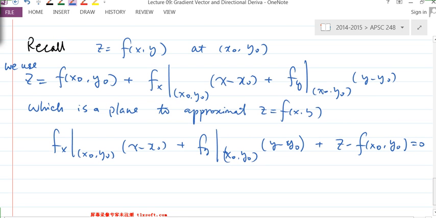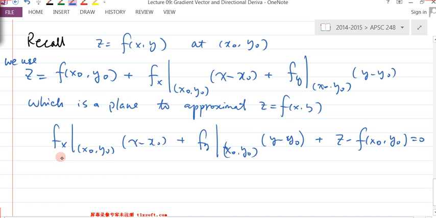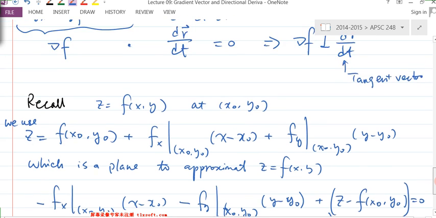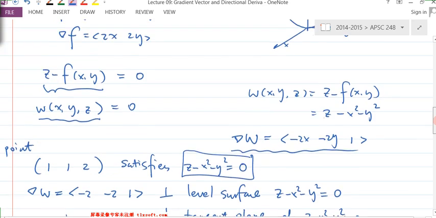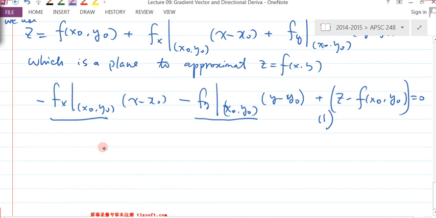Okay, look at this one here. What are the coefficients here? The coefficient for this term is this, for this one is this, and for this one is 1. Oh, sorry, it's negative. So the coefficients are basically negative fx, negative fy, and 1.